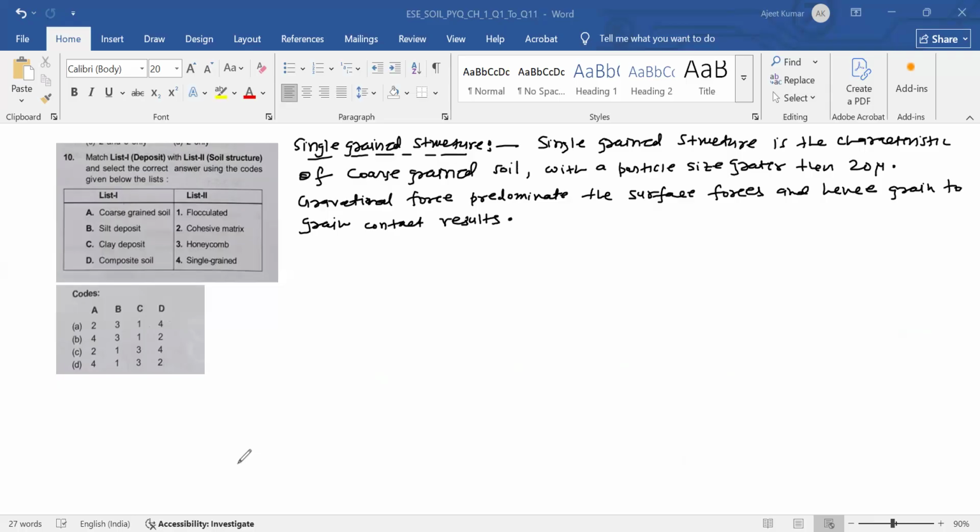Okay, now what about honeycomb structure?